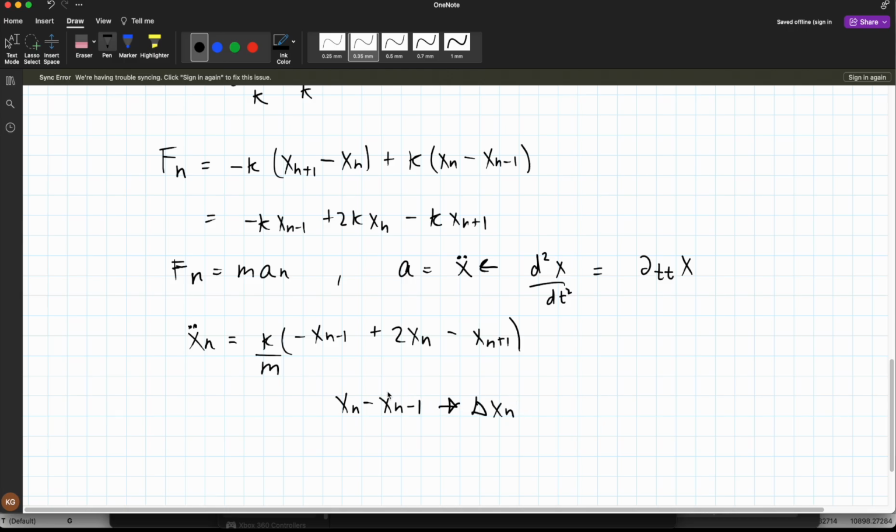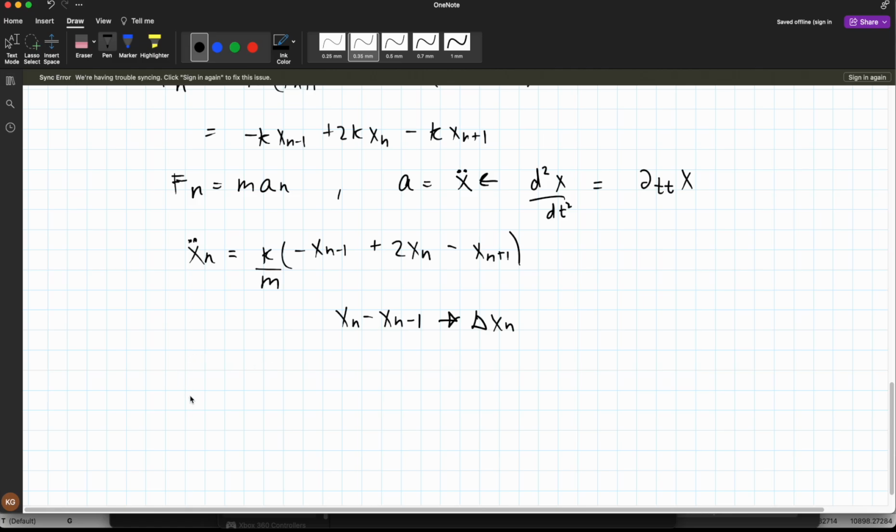And if you've seen calculus, this might look kind of familiar, because if I say what's the limit as delta x goes to 0 of f of x plus delta x minus f of x all over delta x, you might proudly proclaim this is just df dx, the derivative of f with respect to x.